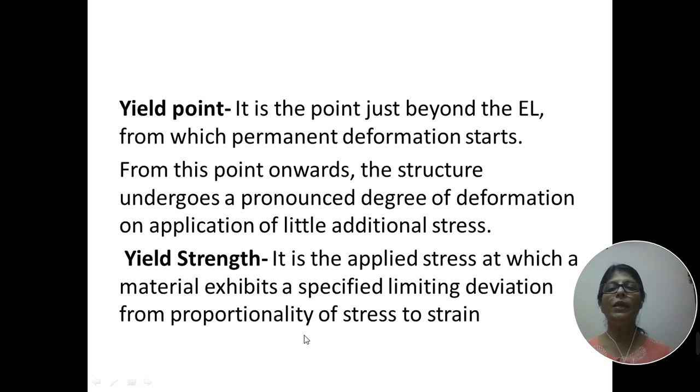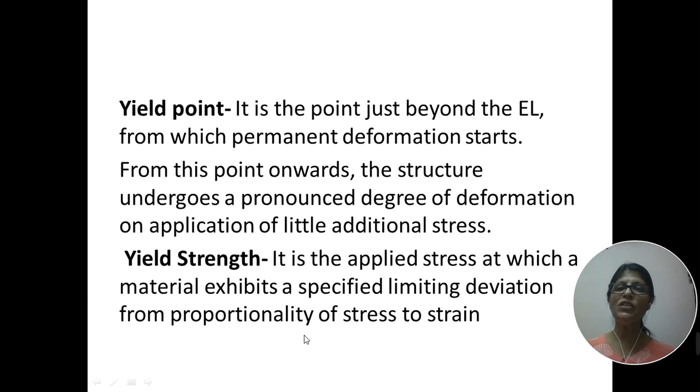Now coming to yield point, it is the point just beyond the elastic limit, beyond which the permanent deformation starts. Up to that point, whatever deformation is occurring in the material is elastic in nature. From this point onwards, the structure undergoes a pronounced degree of deformation on application of little additional stress.